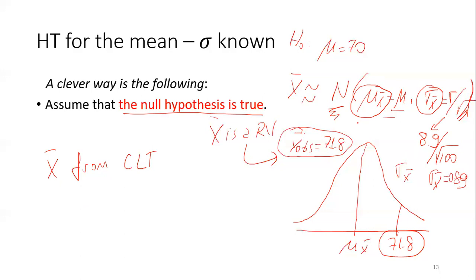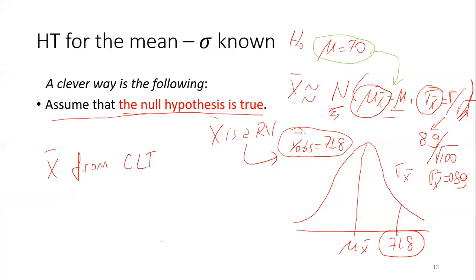Before hypothesis testing, I don't know anything about mu. But in hypothesis testing, remember what we say: assume that the null hypothesis is true. The null hypothesis says that mu is equal to 70. If you assume that this is true, then automatically mu of X bar is equal to 70 as well.